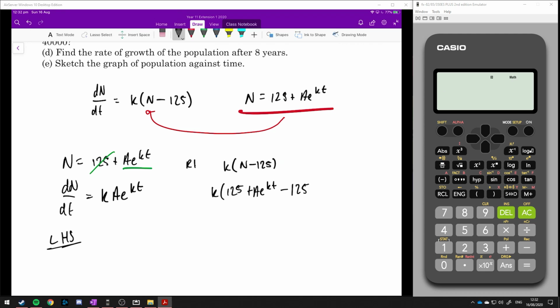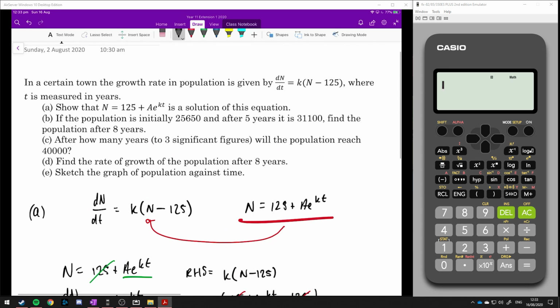By doing some cancelling, the 125 and 125 go, and we're left with kAe^(kt), which is equal to the left hand side. So all we had to do was find the derivative and then substitute that value into the other form to show that that was the case.